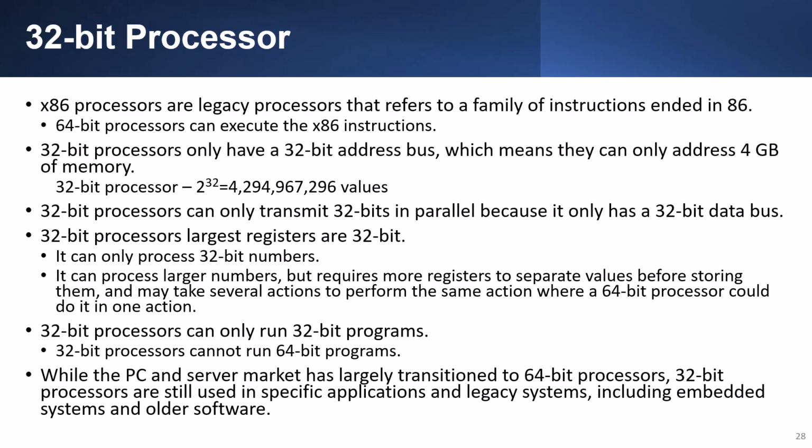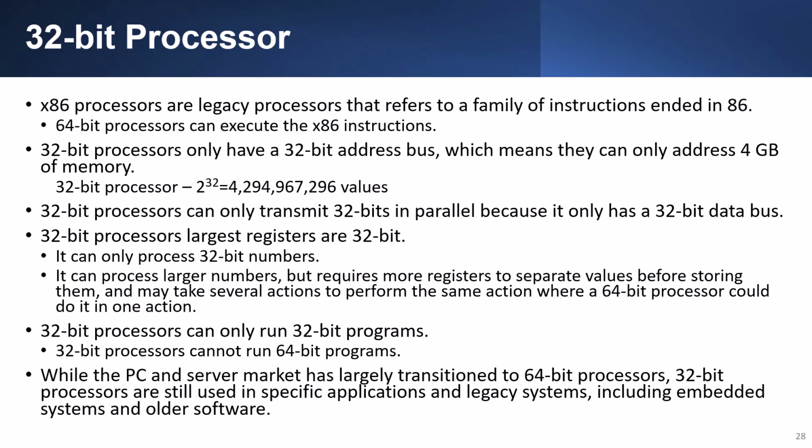Older legacy processors are 32-bit processors, also known as x86, which refers to the family of instructions ending in 86. While the instructions were created for the 32-bit processor, 64-bit processors can execute the x86 instructions. 32-bit processors only have a 32-bit address bus, which means they can only access 4 gigabytes of memory. 32-bit processors can only transmit 32 bits in parallel because they only have a 32-bit data bus. 32-bit processors' largest registers are 32-bit, which means they can only process 32-bit numbers.